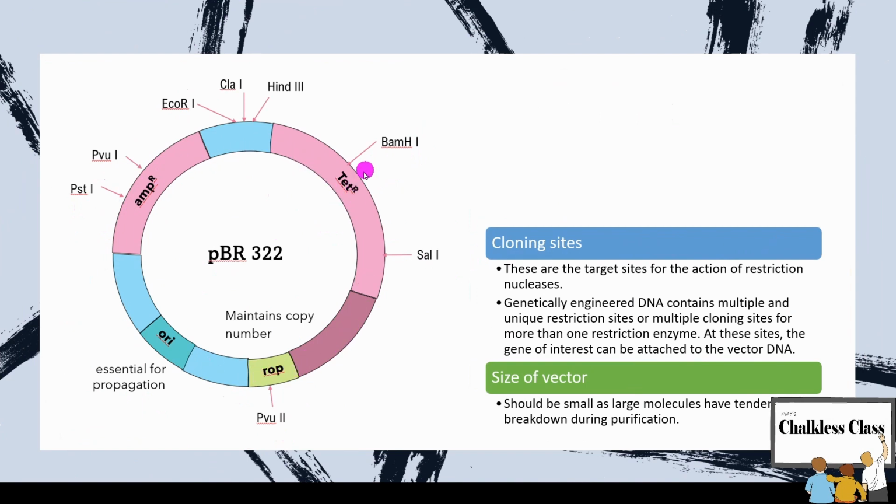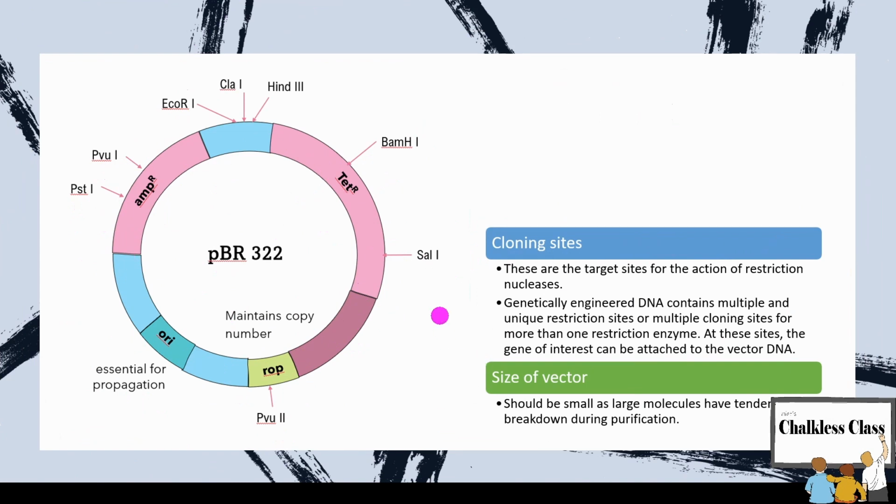Suppose more than one site is there for BamHI on this pBR322, it will cut the plasmid into many fragments. Those are not convenient for inserting the gene. So a plasmid must have only one site for one enzyme, but a plasmid may contain many cloning sites. These cloning sites are also called multiple cloning sites or MCS. The size of the vector.